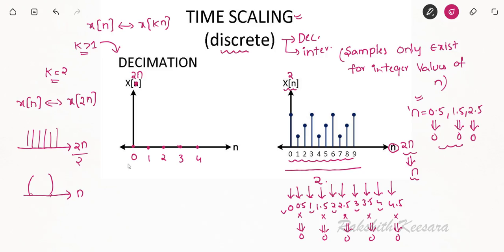Now what will be the signal at n equal to 0? This corresponds to this signal. Next, the signal at n equal to 1 corresponds to this signal. Next, the signal at n equal to 2 corresponds to this signal.